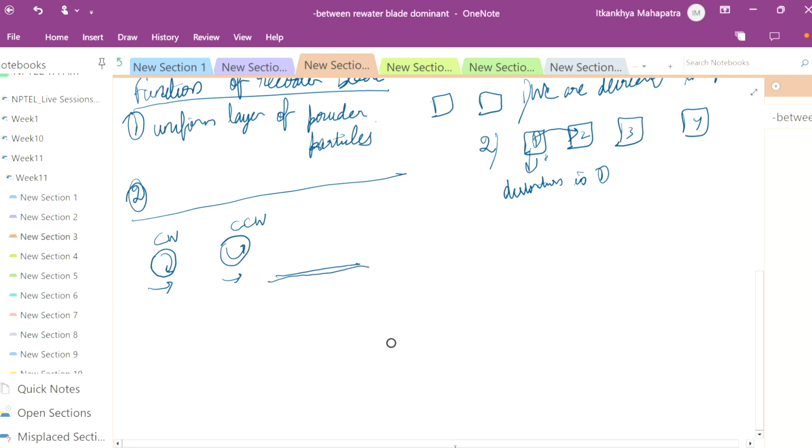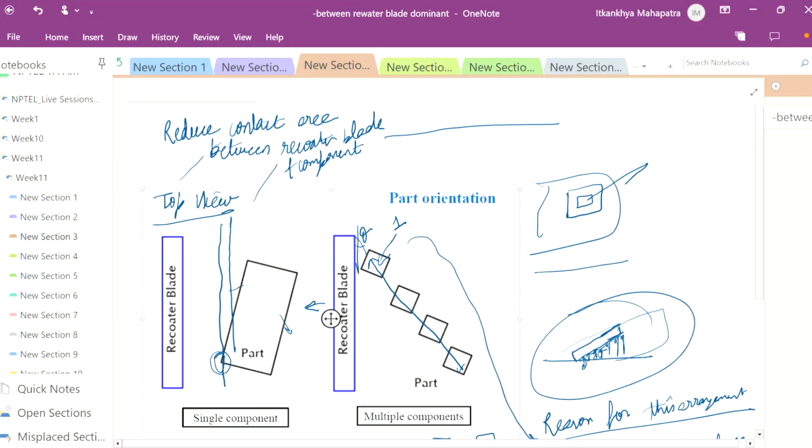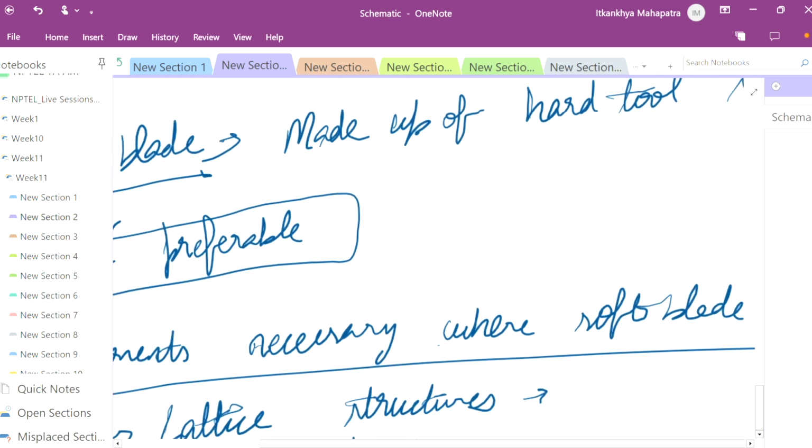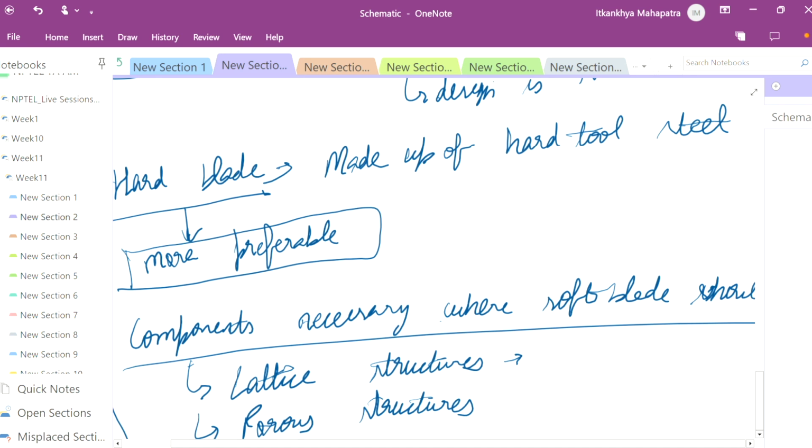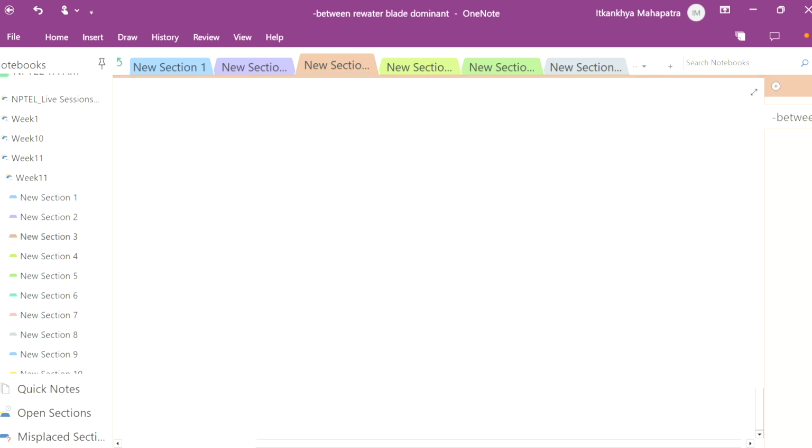In the 3D printing process, the direction of the roller is always anti-clockwise for uniformity. This is the reason.